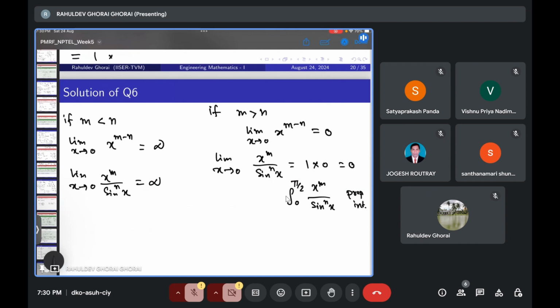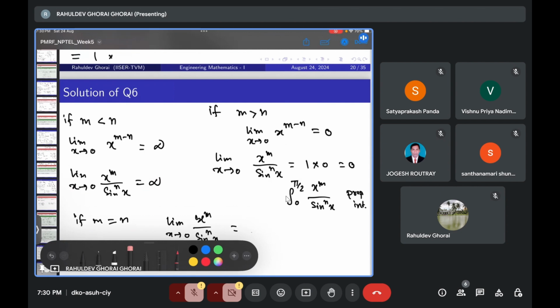If m is equal to n, then the limit as x tends to 0 of x to the power m over sin to the power nx will be 1 times 1, because m equals n. So x to the power n over sin to the power nx will be going to 1. I mean, the limit will be 1. So again it is a proper integral.